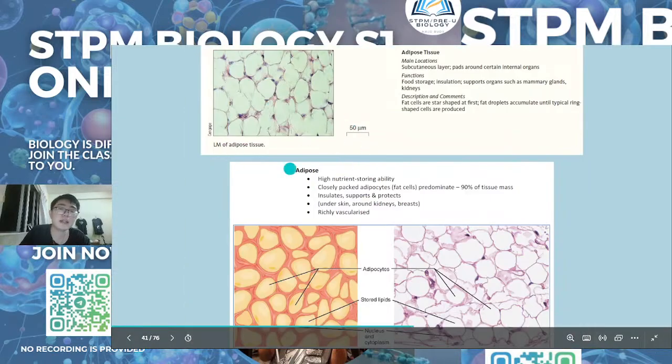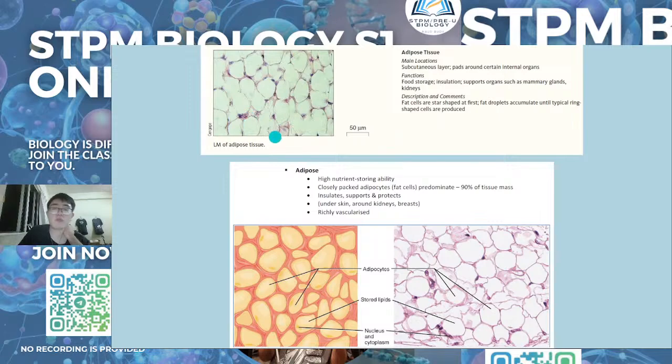And then another one is adipose tissue. I think this one familiar, right? Adipose tissue is our fat lah. Fat tissue. Yang semua fat tissue. So actually it is normally found in our skin, and not only on the skin, our internal organs also contain this adipose tissue. So normally this tissue functions as support for organs, protection and also insulation.